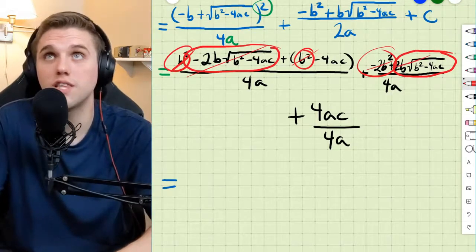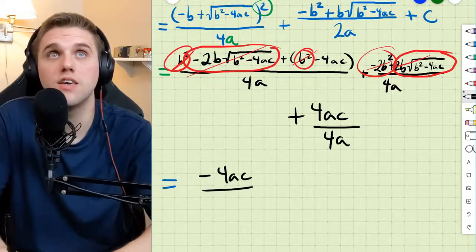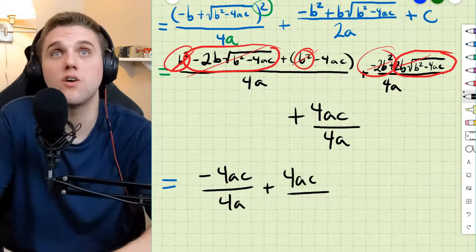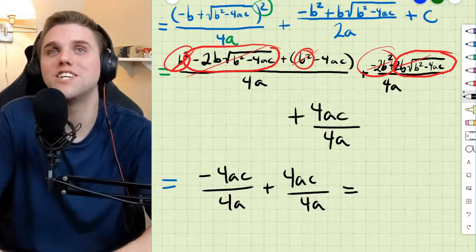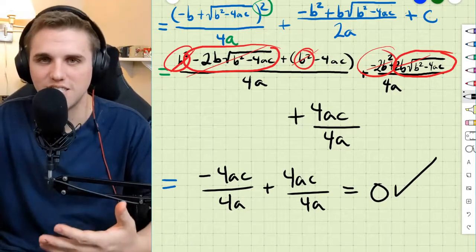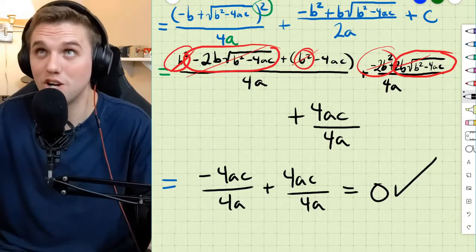And so I'm just left with negative 4ac all over 4a plus 4ac all over 4a, which is 0. And so we did it. az squared plus bz plus c is 0. I showed you it's 0.